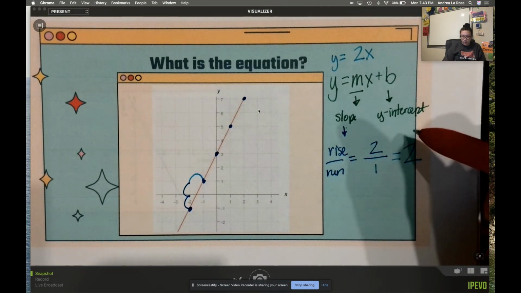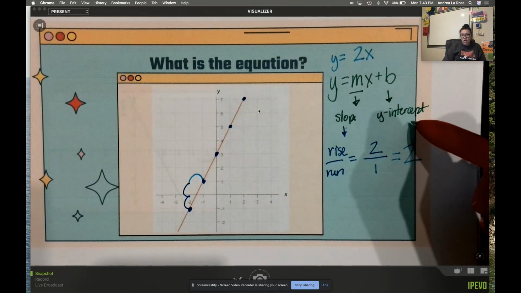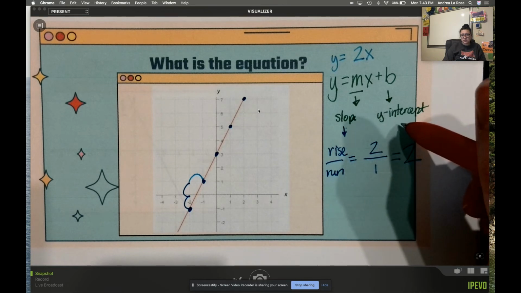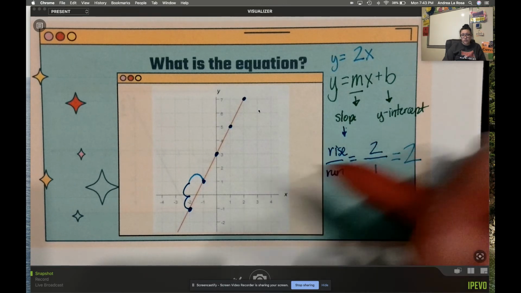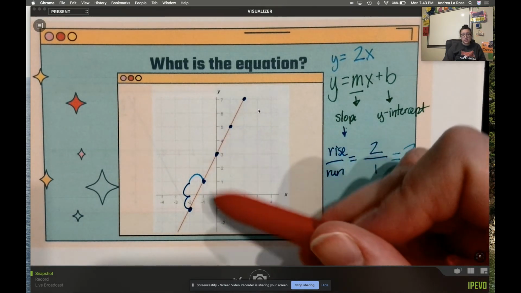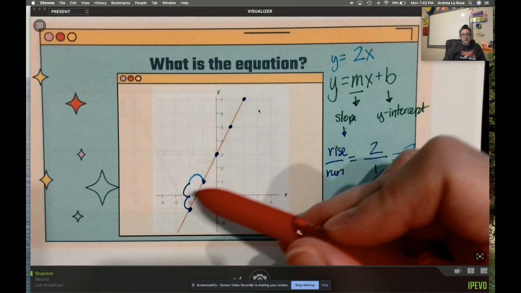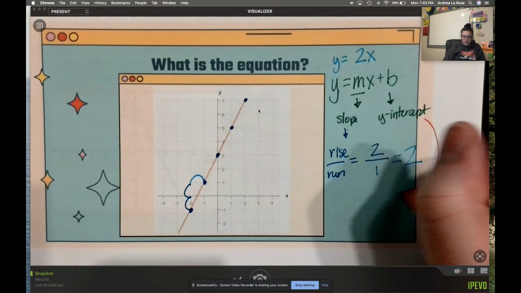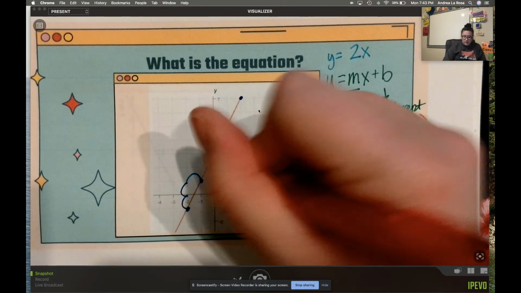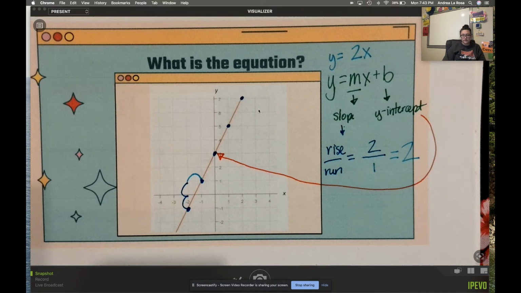Now I need to find my y-intercept. Where do I look for my y-intercept? On my y-axis. I got to find that point that my line crosses the y-axis. For this situation, what is that number?